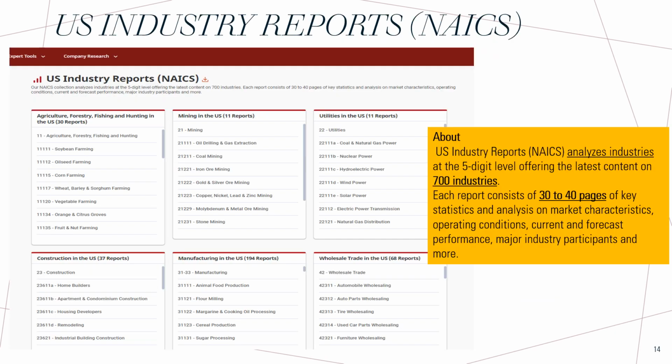So for the U.S. industry reports, the NAICS, I just want to give you a little information about that. The U.S. industry reports analyze industries at the 5-digit level, offering the latest content on 700 industries. Each report consists of 30 to 40 pages of key statistics and analysis on market characteristics, operating conditions, current and forecast performance, major industry participants, and more.